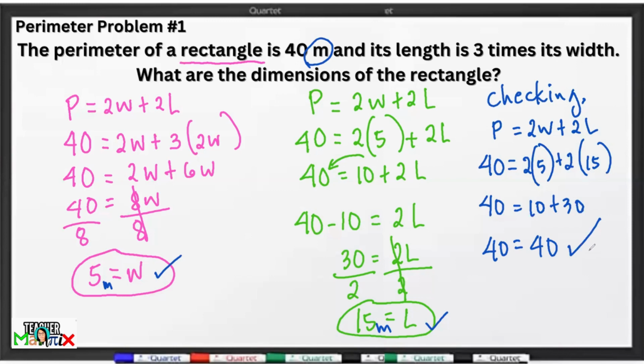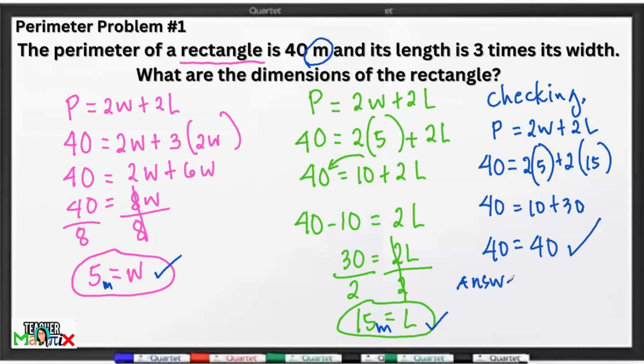Meaning, our dimensions natin, no? Sa rectangle, yung width is 5, and then yung length is 15. Mga meters yan. Okay, so the final answer will be written like this.